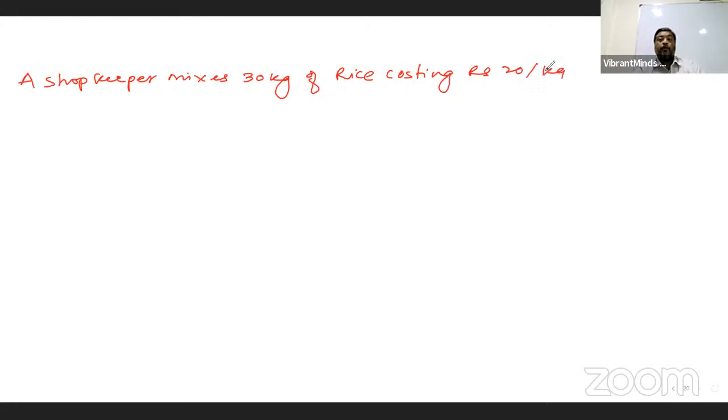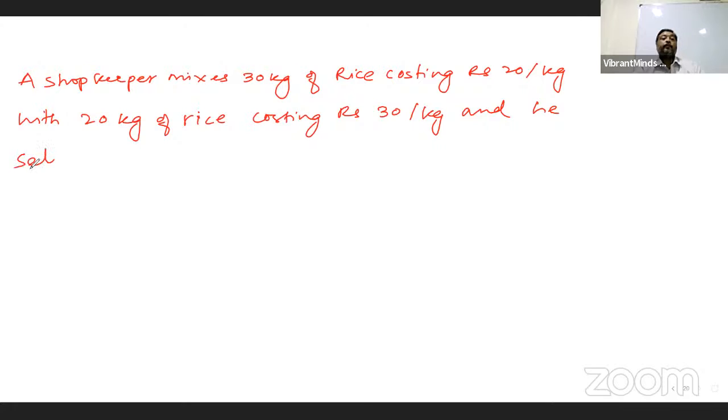And it says, a shopkeeper mixes 30 kg of rice costing rupees 20 per kg with 20 kg of rice costing rupees 30 per kg, and he sells the mixture at rupees 27 per kg.